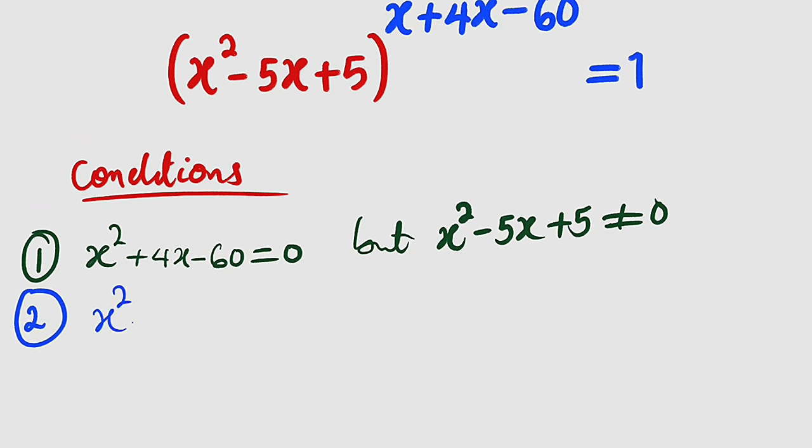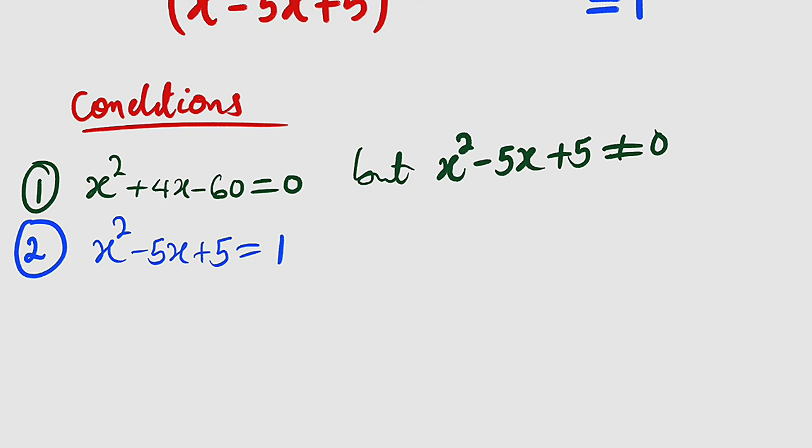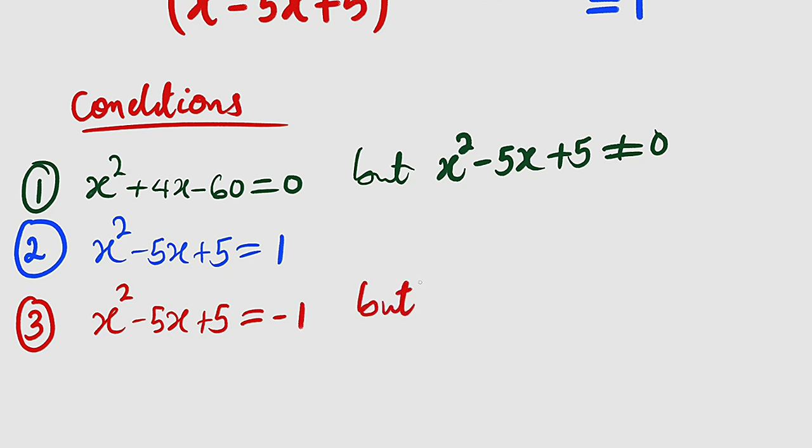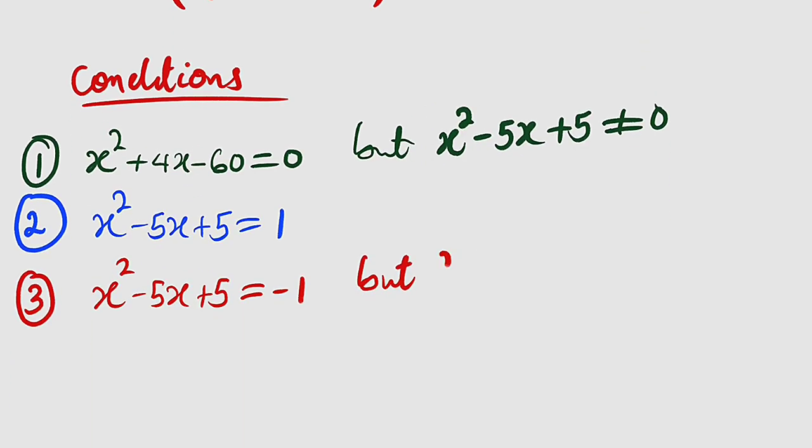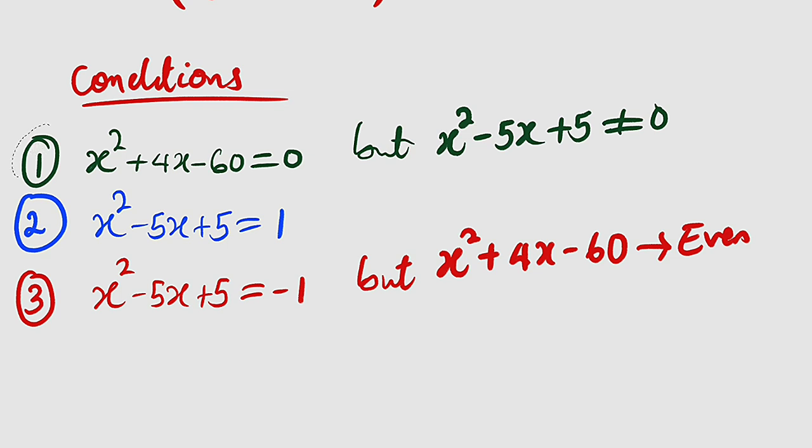That is when x squared minus 5x plus 5 is equal to 1, irrespective of whatever the exponent is. Then the last condition, that is when the base x squared minus 5x plus 5 equals negative 1, but in this case the exponent, x squared plus 4x minus 60, will have to be what? Even integer.